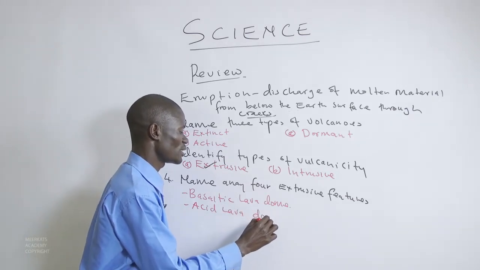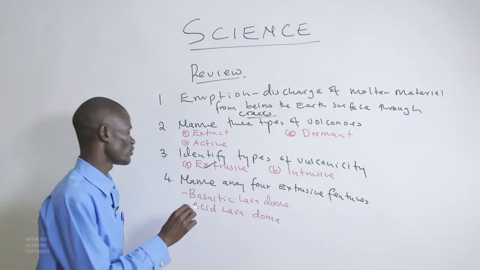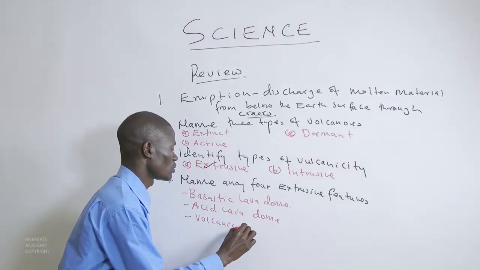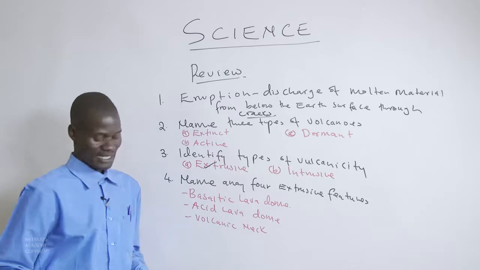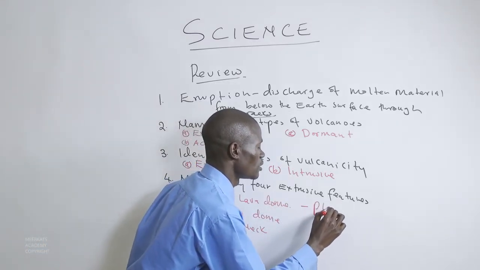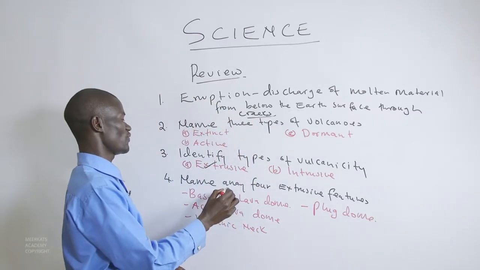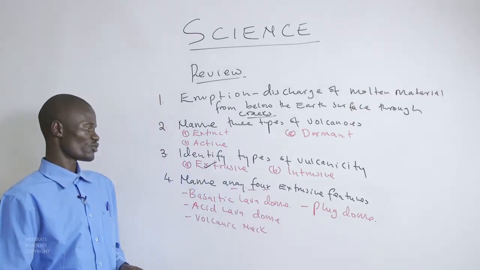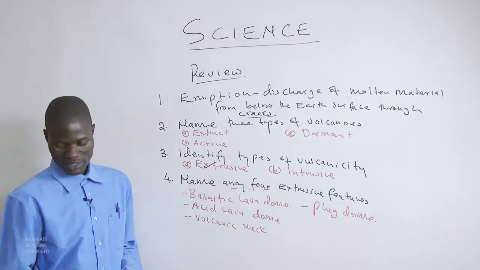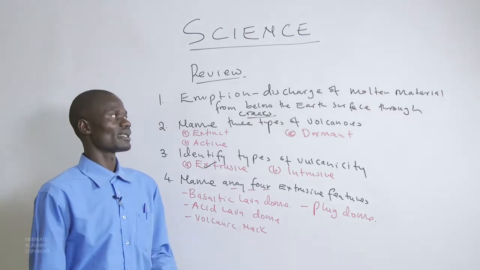You have to remember that one. We also have the volcanic neck. And lastly, we have a plug dome. Just any 4 of them, as the question required. We have the basaltic lava dome, the acid lava dome, volcanic neck, and the plug dome.